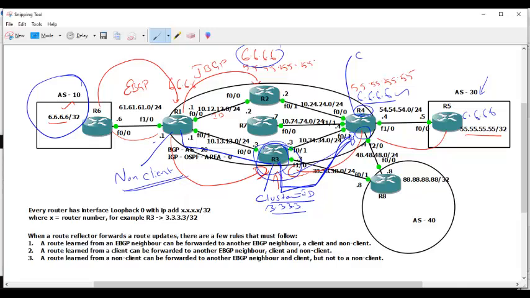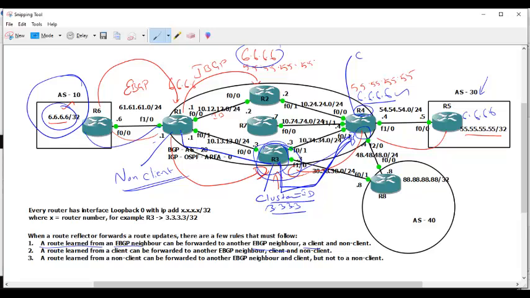Now, read this rule. A route learned from an eBGP neighbor can be forwarded to an eBGP neighbor and also to a client. So a route is coming, 6.6.6.6. It is learned in an IBGP.